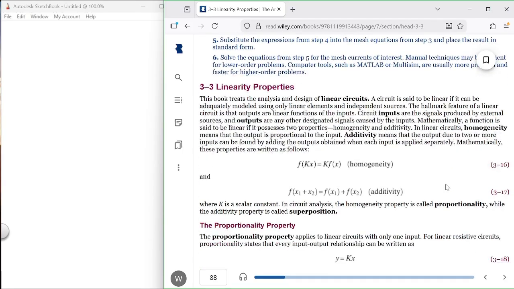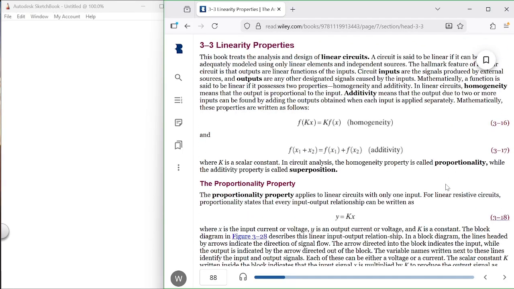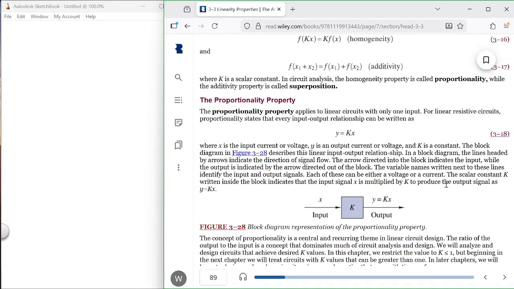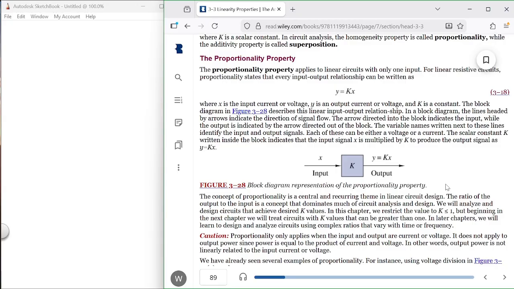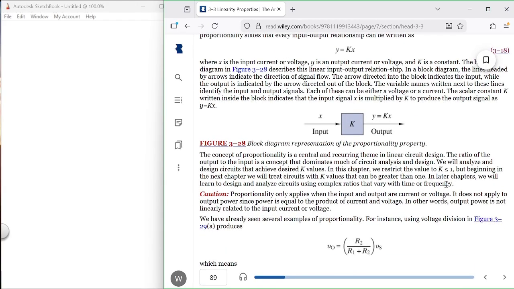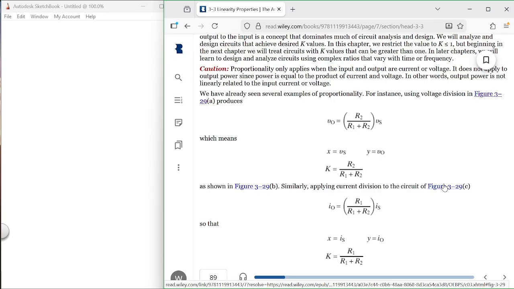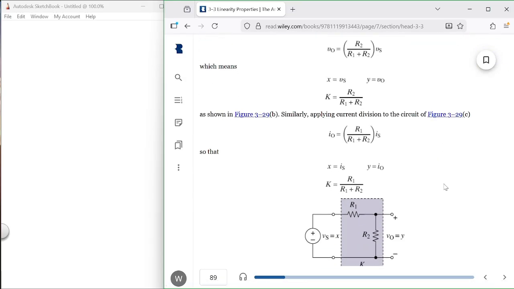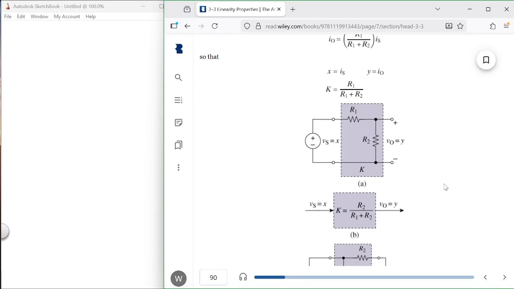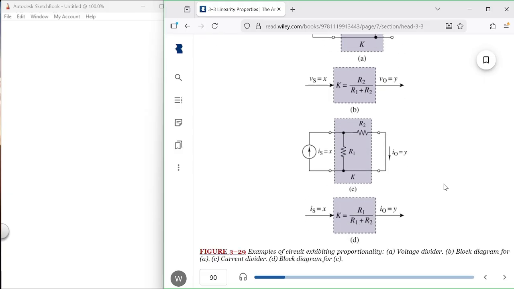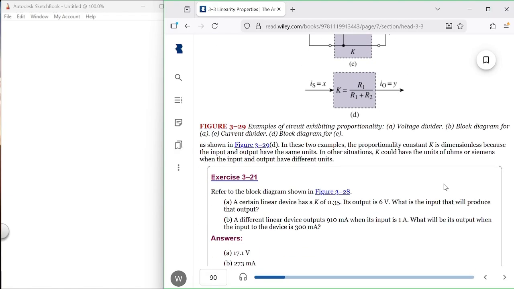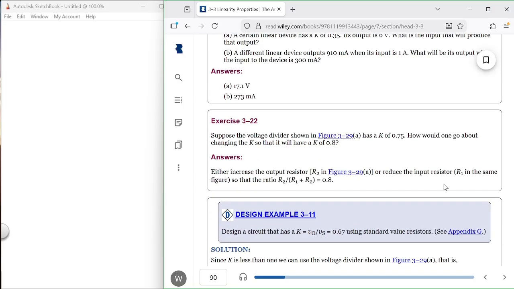Linearity. Everything in this whole book is linear circuits. In other words, it works the same way in the positive direction as it works in the negative direction. If you have a diode, not linear. So if you throw diodes into this chapter, all of a sudden these equations go to pot. Okay.